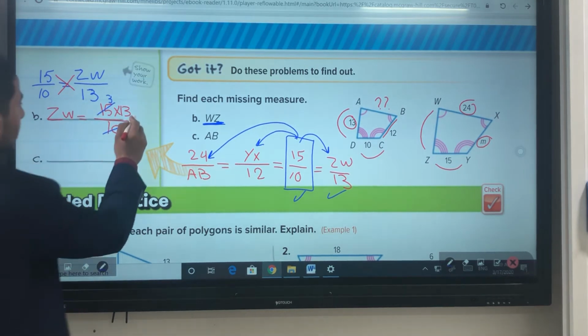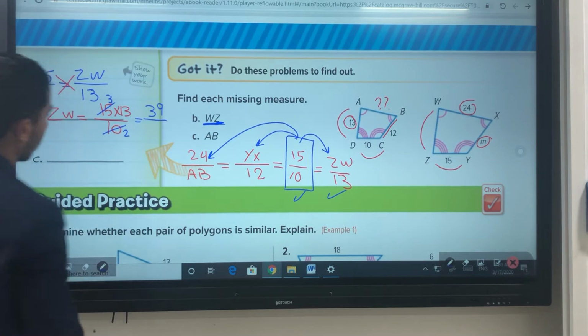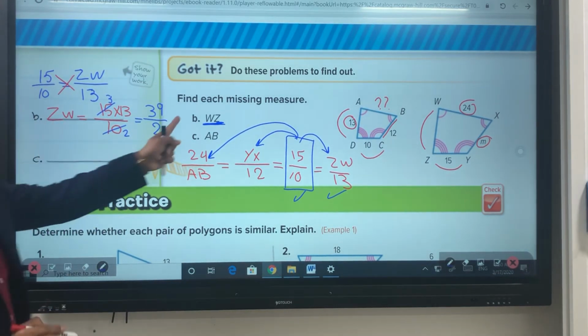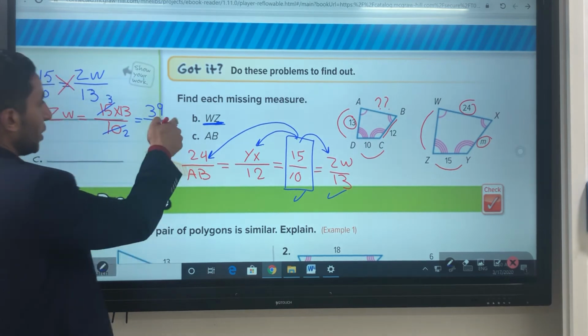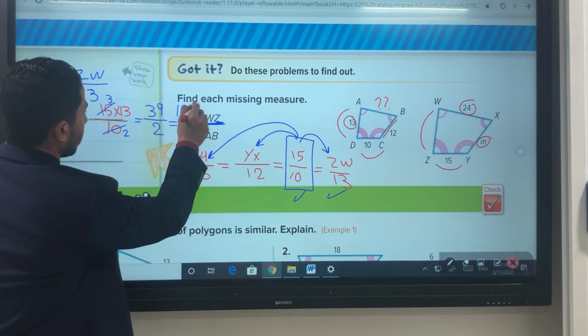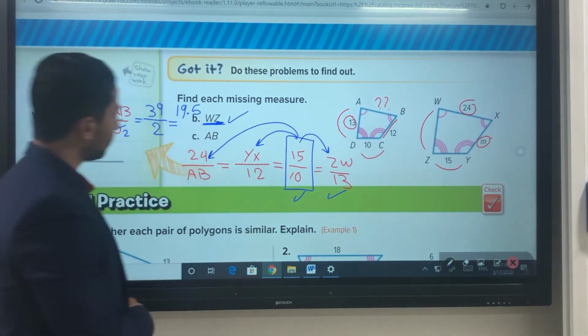Then 3 times 13 equals 39, divided by 2. So ZW or WZ equals 39 divided by 2, which equals 19.5. This is the missing side, the first one.